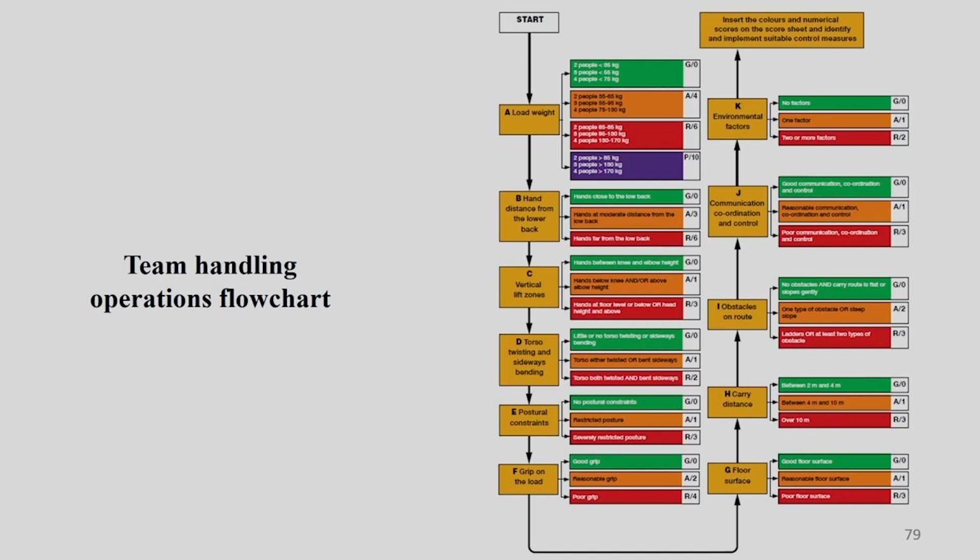Fine. So let's understand. Here also you have very similar factors: load weight, hand distance from the lower back, vertical lift zone, meaning how high the lifting is happening vertically from the ground, torso twisting and sideways bending, postural constraint, grip on the load, floor surface, carry distance, obstacles on the floor, communication, coordination and control. That is a new factor present for team handling. Suppose 2 or 3 persons are handling the same weight. What communication is happening?